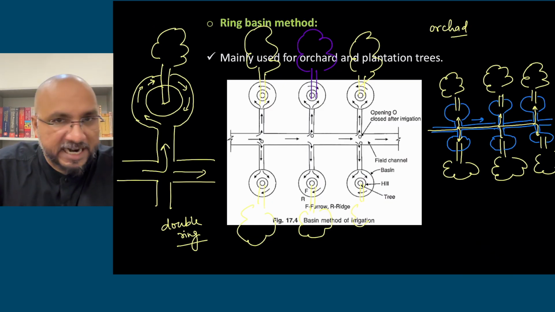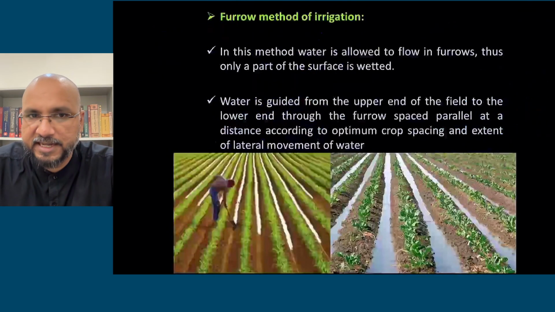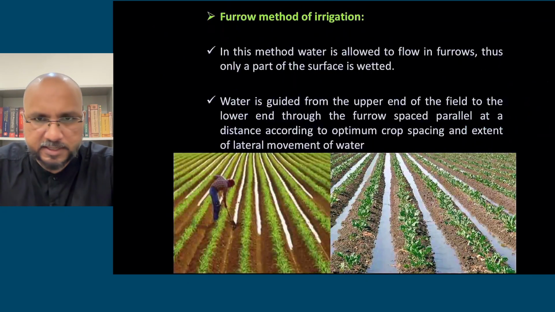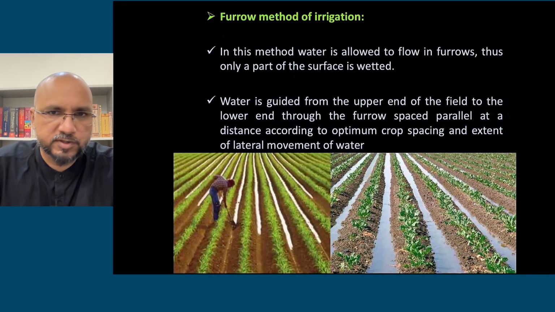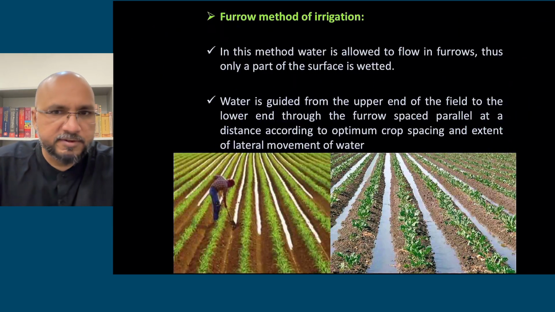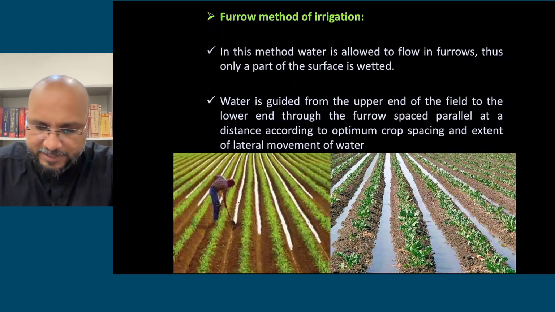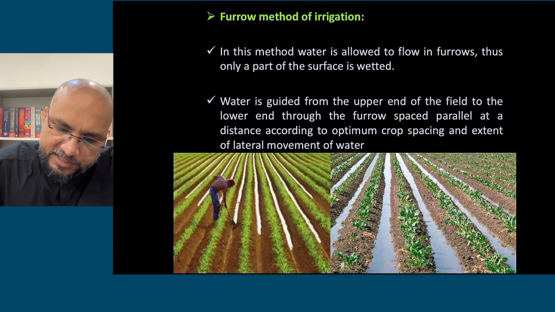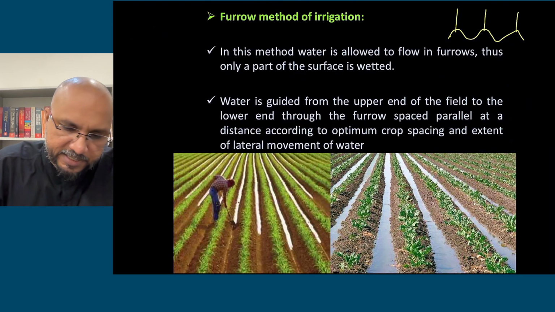So we have seen wild flooding. Partial flooding में complete field is not wet. The surface of the soil is not wet throughout the field. So part of the field is dry, part of the field is wet. So यहाँ पर furrow irrigation method is the example of partial flooding. So these are the ridges, इस तरह से, right? You can see it in the diagram.